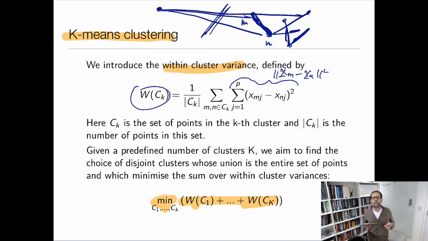I want to find the partitions such that the sum of all the within cluster variations is minimum, and this is the objective of this algorithm.